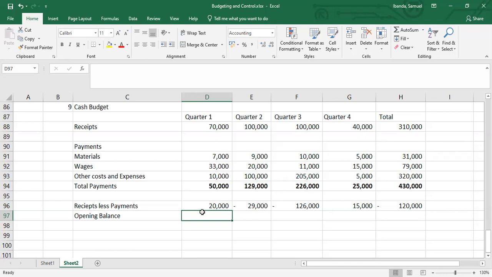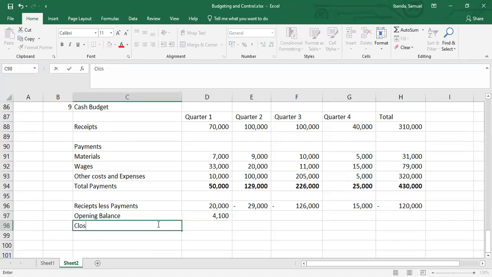We don't have current liabilities basically; we only have creditors. We don't have anything like a bank overdraft and so on. So my opening balance, I'll use 4,100, right there, because that is what we started with.